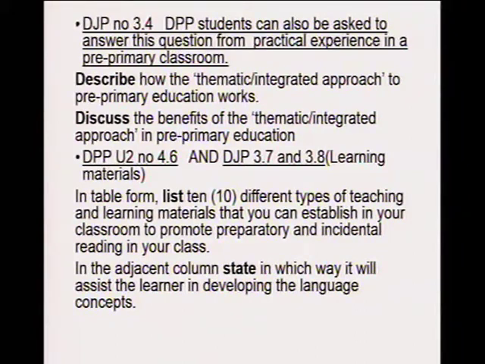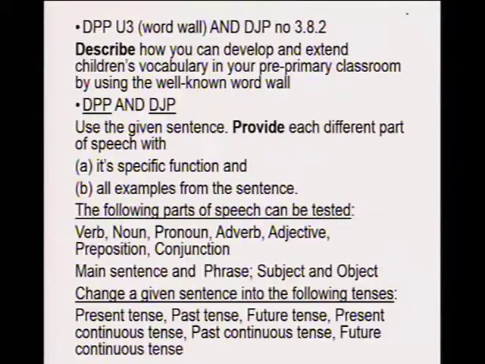In the adjacent columns, state in which way it will assist the learner in developing the language concepts. Please note that teaching and learning materials is something physical that you can see. It's not like a game. It's something physical that you must establish in your classroom.